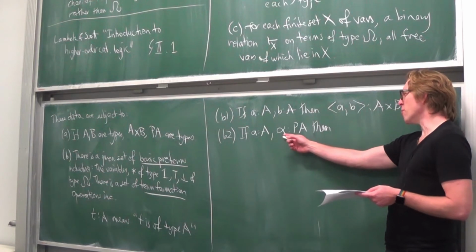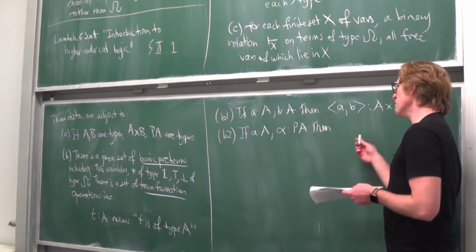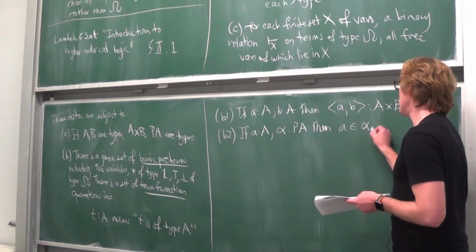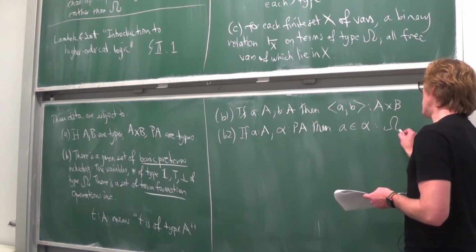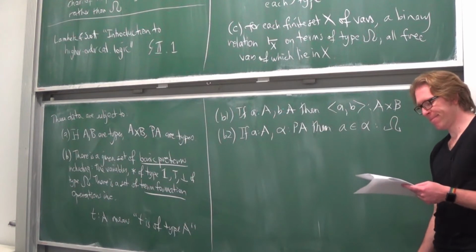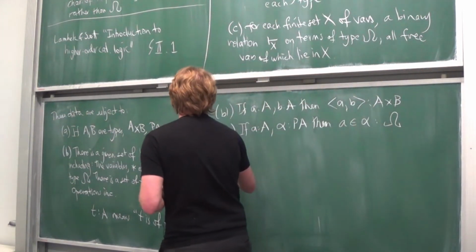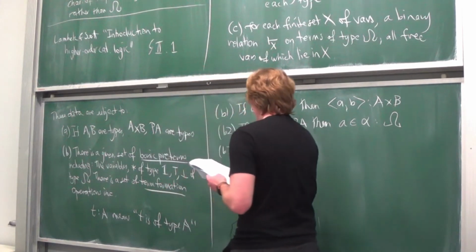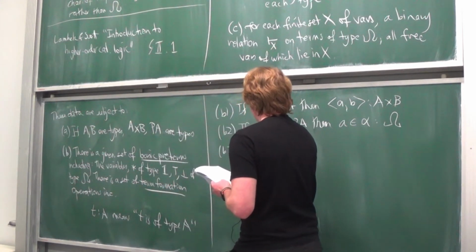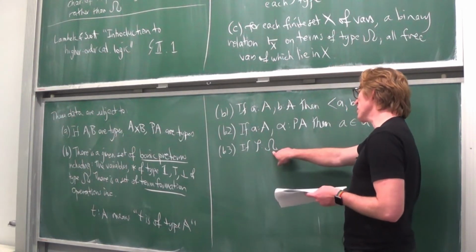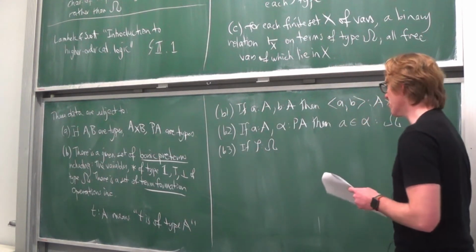So we think of this as a subset, right? So then we can form the membership term, which is a proposition. Okay, so it's usual to refer to preterms of type omega as formulas, so I'll just do that.